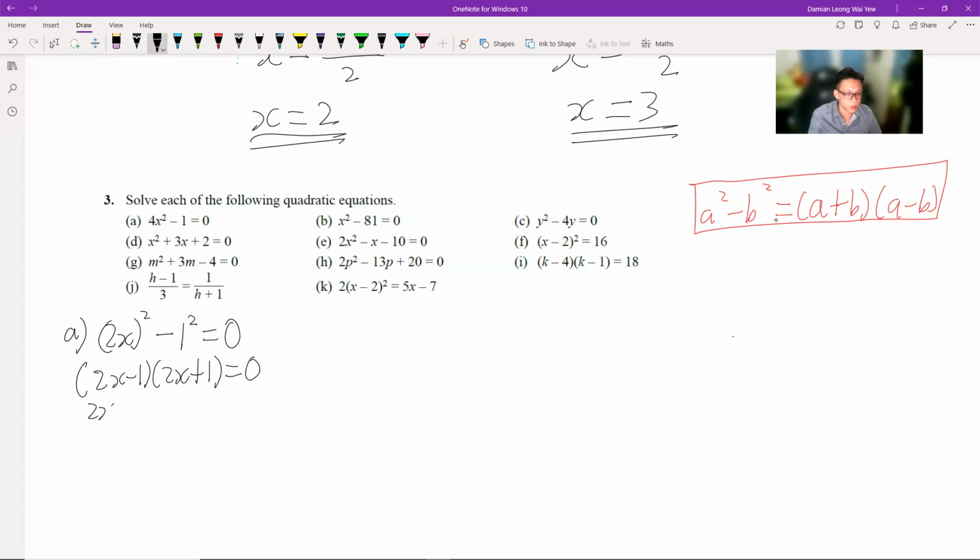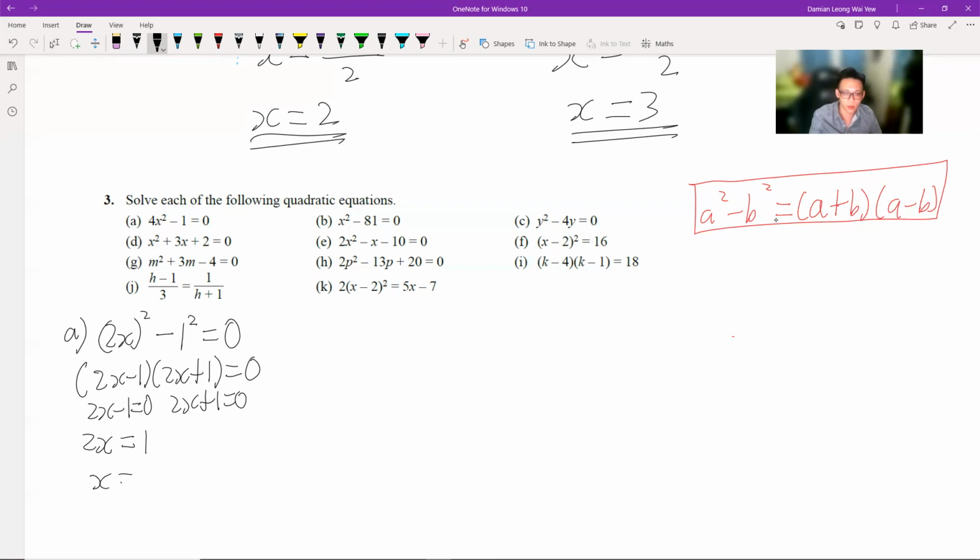So it's either 2x minus 1 is 0, or 2x plus 1 is 0. Means 2x minus 1 equals 0, opposite of minus is plus, so get rid of the minus 1, I plus 1. 0 plus 1 is 1. Get rid of the 2. 2x means 2 times x. Opposite of times is divide.